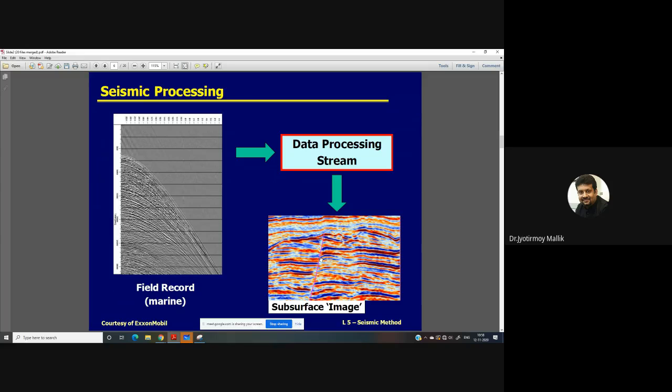Here we are interested to know whether I can locate an area where I have oil and gas. For that purpose, I need to see how the subsurface looks. So these are the individual layers. What does it mean that this layer is different from this layer? What does this mean acoustically?